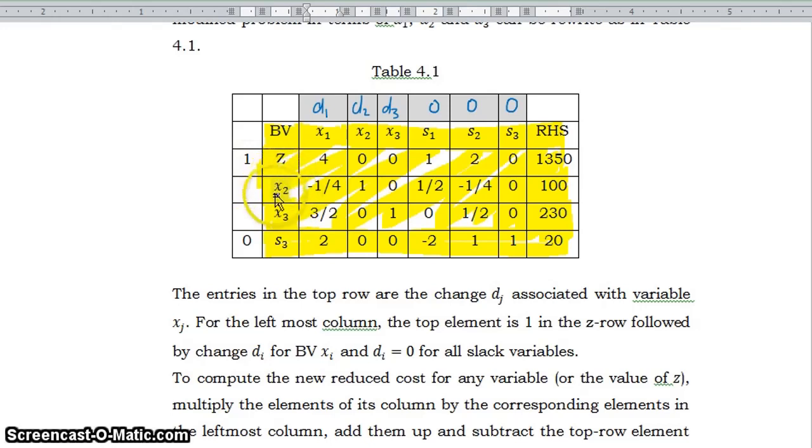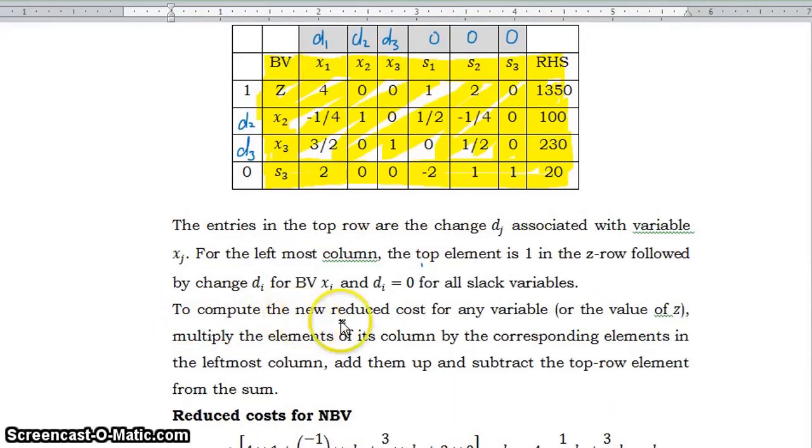The basic variable in row 1 is x2. Therefore, we fill in d2 in this cell and d3 beside x3. 0 means no changes made to slack variable 3.